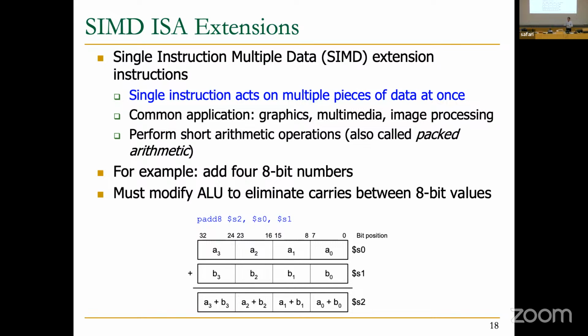And the good news is you can modify a 32-bit ALU adder very easily, chop it up into 8-bit pieces, and ignore the carry operations such that they don't feed into the next 8-bit chunk. This is almost zero cost in terms of the additional hardware you add. So it's beautiful, as you can see, right?